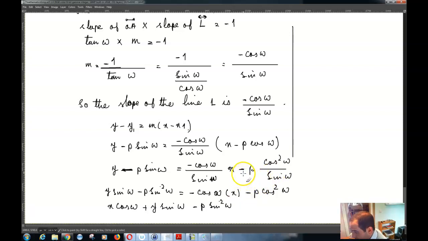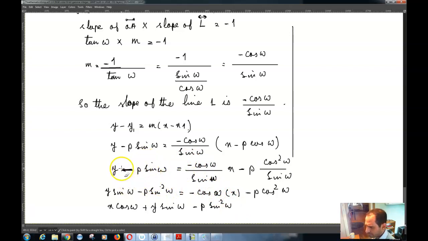And then if I take this to the other side, now there's something wrong here.